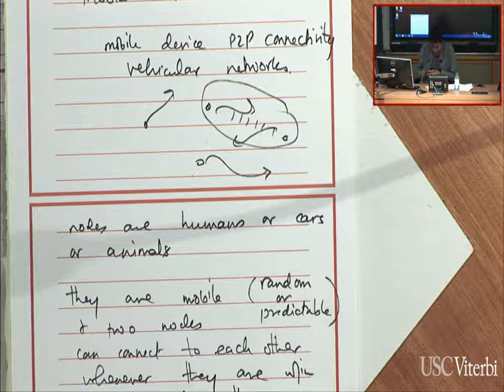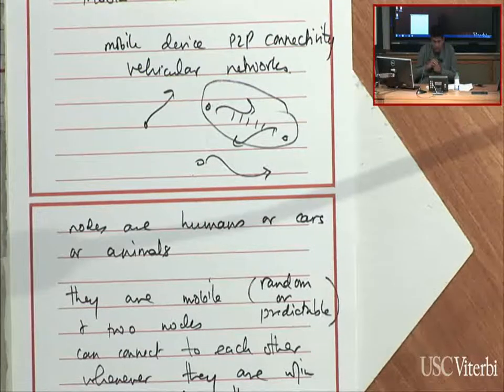We did a similar study here at USC many years ago. We basically handed out a bunch of motes to a class of freshmen to carry around with them for a week. And whenever two students would meet each other, they would log the ID of the other node and log how long they were in contact with the other node.